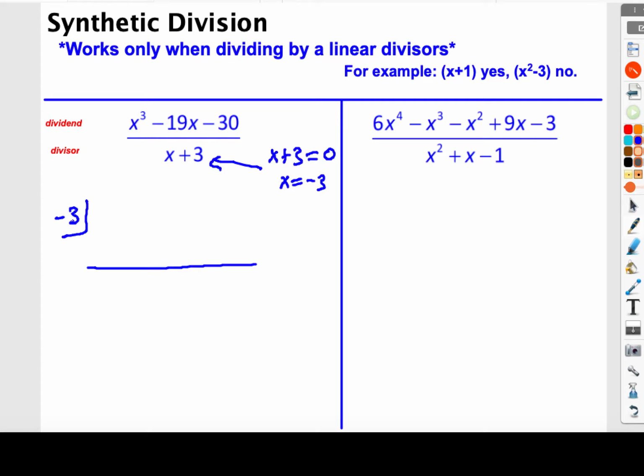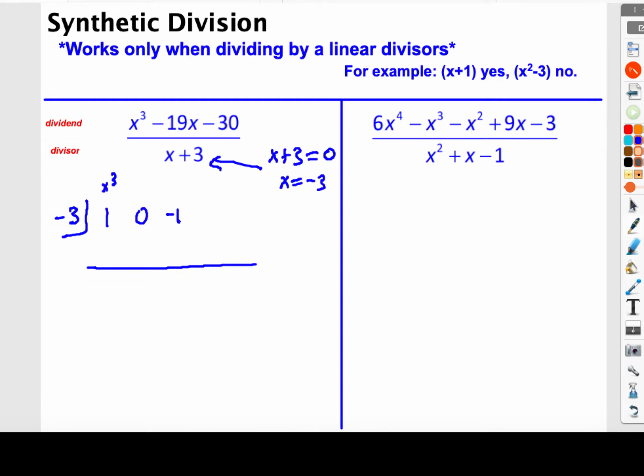All of the coefficients of the dividend are going to go next to that. There's 1 x cubed, so I'm going to write 1 here, because that was the x cubed term, and then I'll work my way down. You'll notice there is no x squared in the numerator, so there are 0 x squareds.